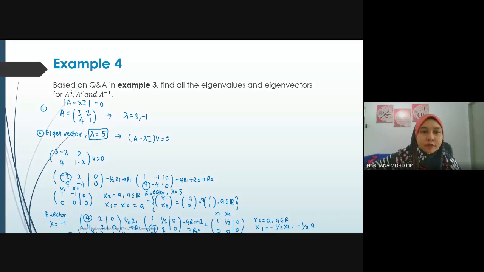Okay, so we have this eigenvector for lambda equal to 5 and the eigenvector for lambda equal to -1.